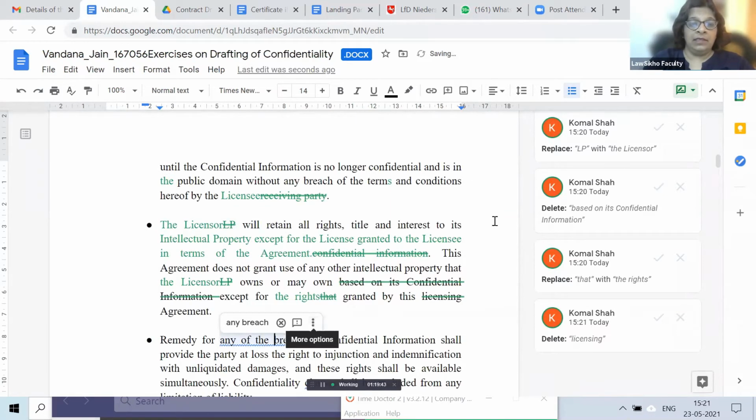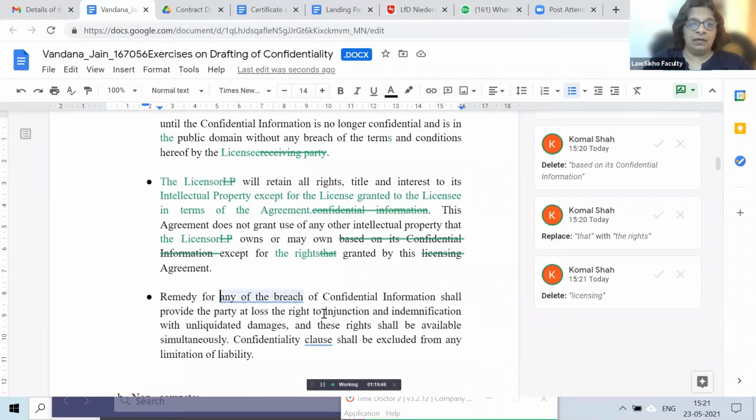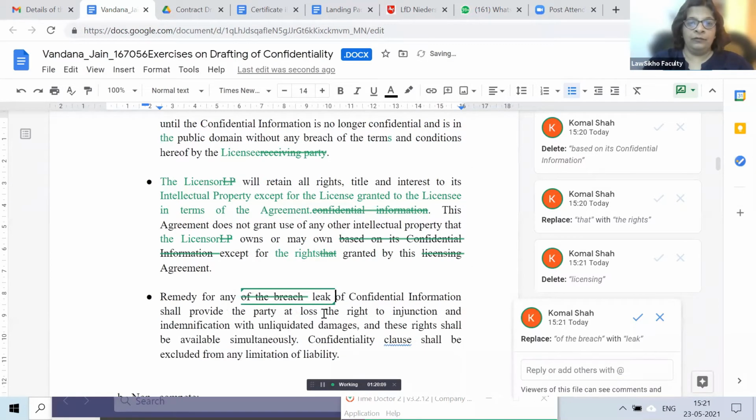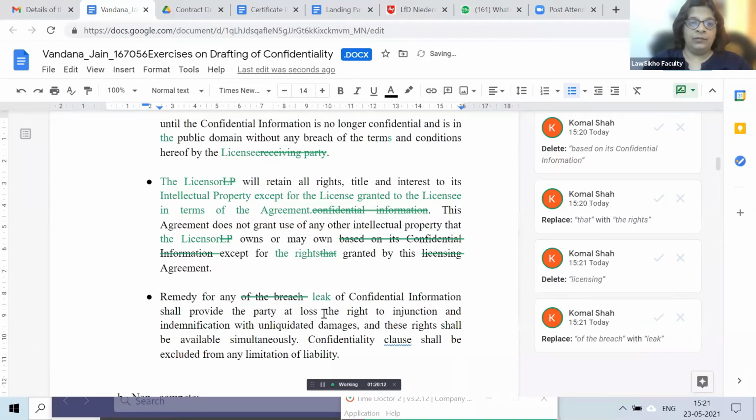Okay. Remedy for any breach. So you will not say breach, but any leak of confidential information shall provide the party at loss the right to injunction and indemnification without liquidated damages, and these rights shall be available simultaneously.